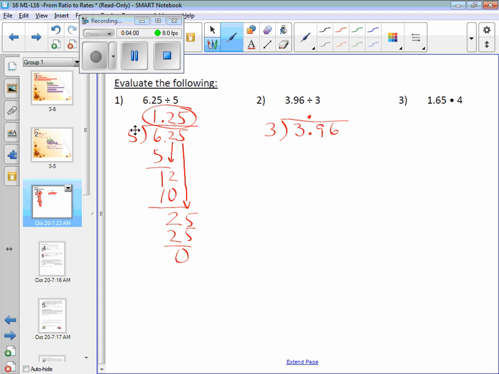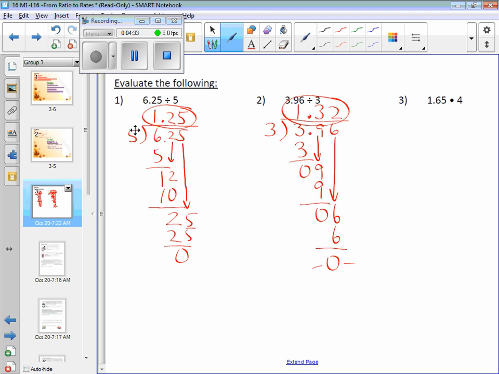How many times? 3 into 9. Exactly how many times? 3 into 6. Terminates. Nothing but zeros to bring down and no remainder. 1.32. How many of you got that one right? Okay, good.